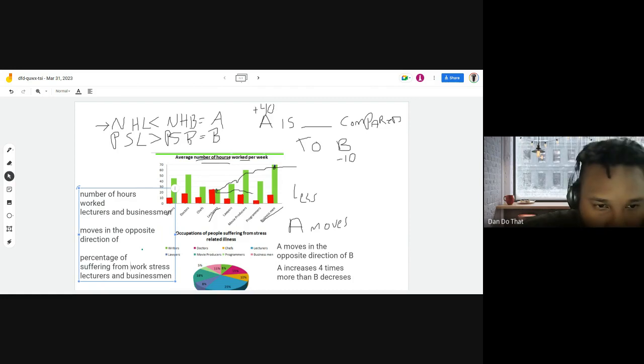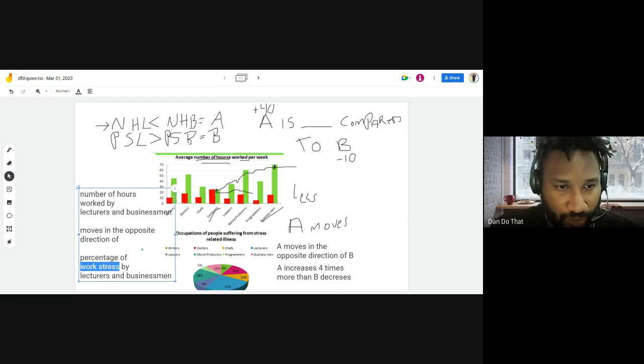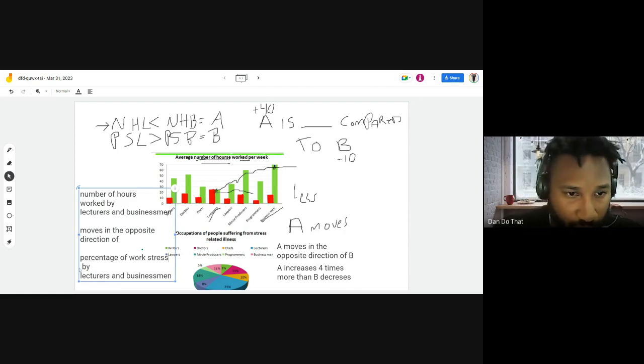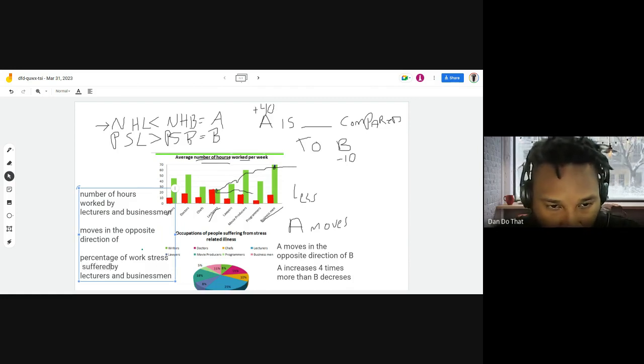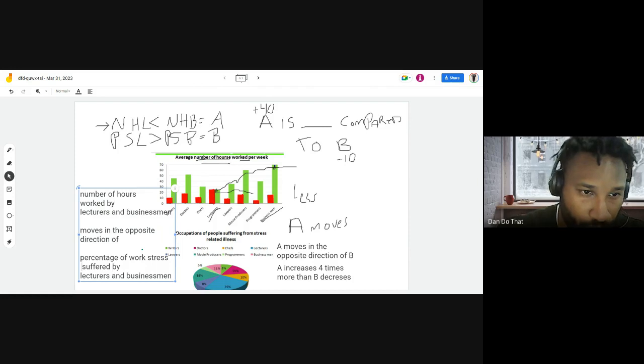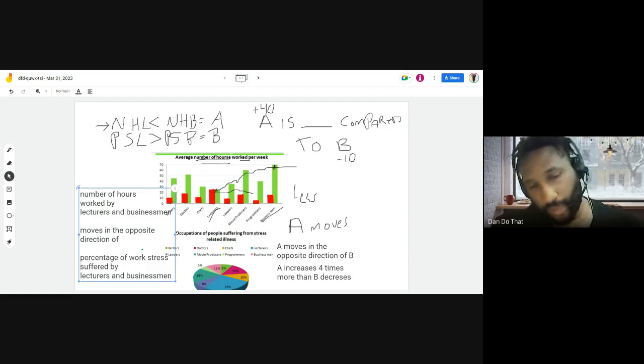I think I like that. Keep it the same. Number of hours worked by percentage of work stress by, here's where the mistake is. Okay. Clifford. All right.